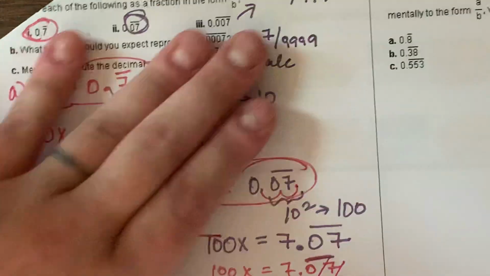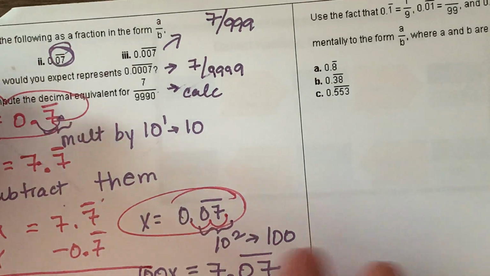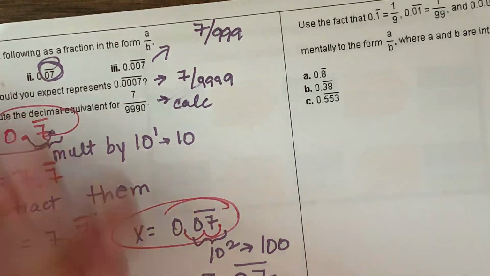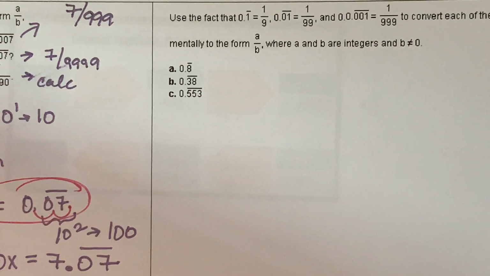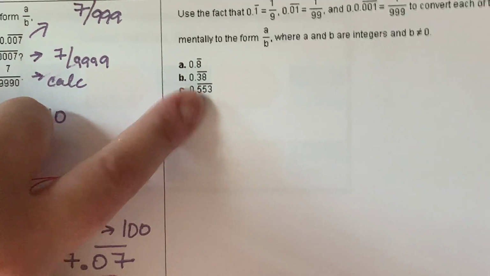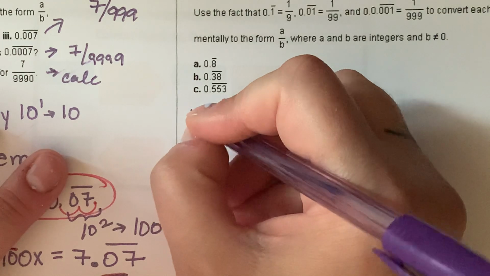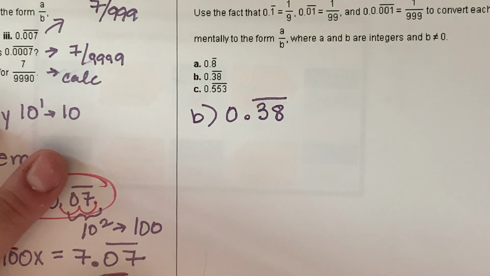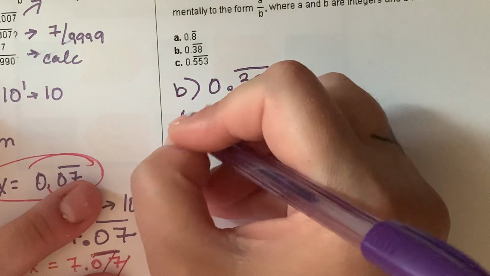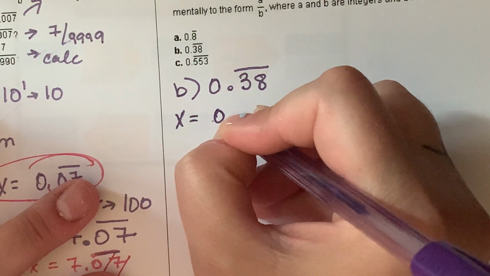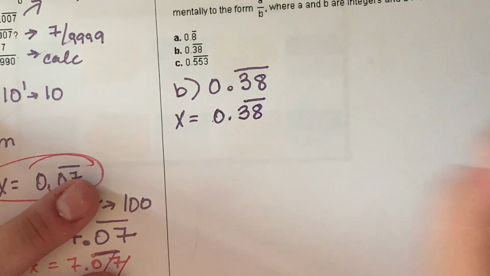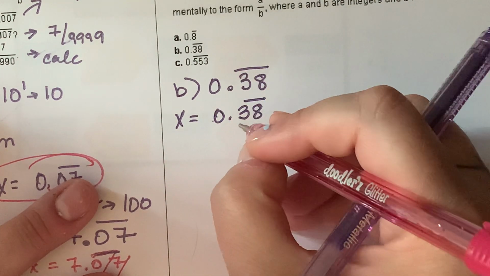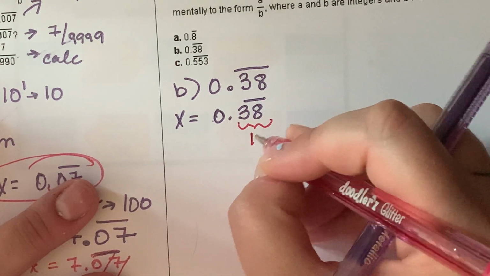Okay, let's do some more of this decimal changing business from a decimal to a fraction. Let's maybe do part B over here with this 0.38 repeat. Well, what we're going to do is say that's the letter X. Then I'm going to count the digits underneath the bar, and there's 2.